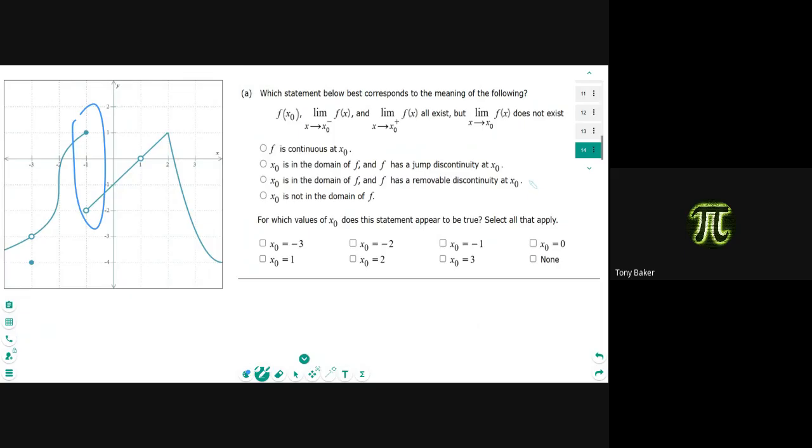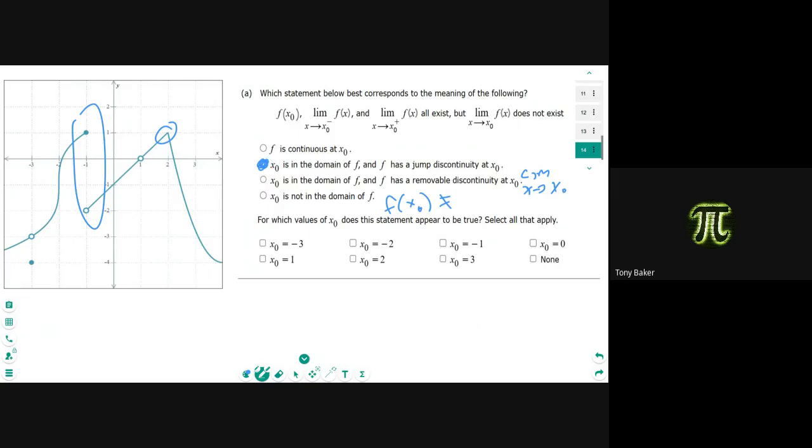So this one here, the limit as x goes to 0 would have to exist for that one. This one would also have to exist. x is not in the domain of f. Well, that would mean that f of 0 does not exist, which it does. The kink, the limit from both directions does go to the same point, so that would exist in that situation. So the only one that makes sense is the jump discontinuity.